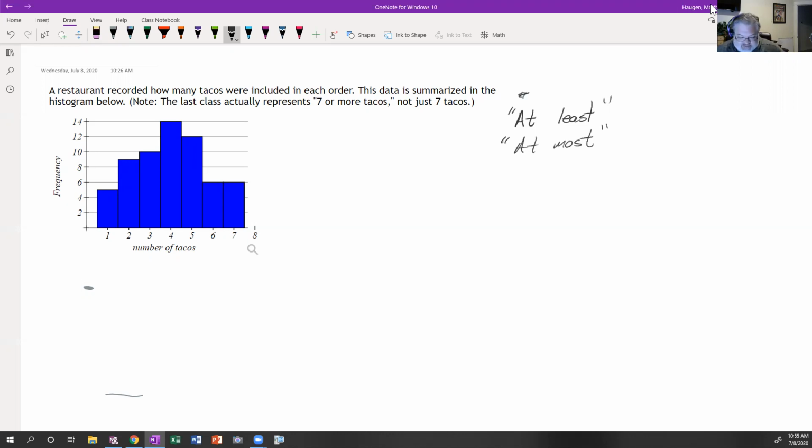So let's say we want to know, using the restaurant records of how many tacos were included in each order, how many orders had at least, let's say, 5 tacos?